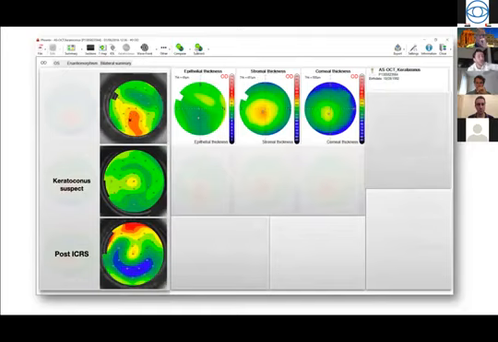So this is the area where you will have the thinning, and the thickening will be around that area. Another case is after the implantation of corneal ring segments. So we see that the epithelium gets thicker along the implantation of the ring, next to the ring, and then the thinning of the epithelium in the center in a keratoconic eye.